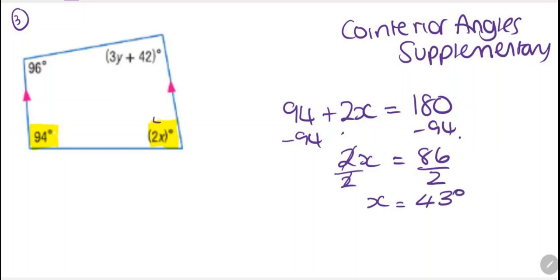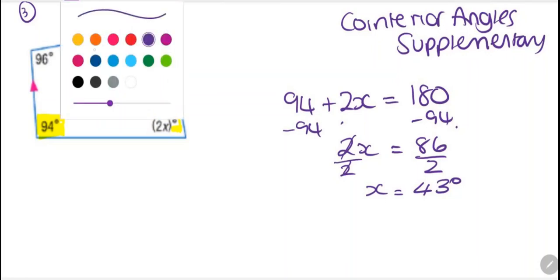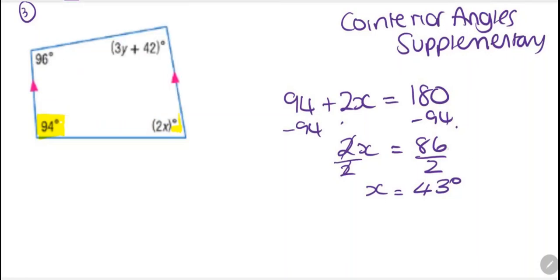So this is 43 degrees times 2. So 43 times 2, we can write in here, is 86 degrees. Let's check. 94 plus 86 is 180.